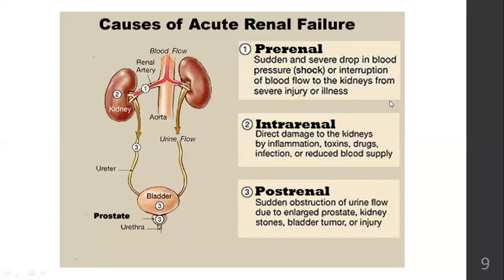Then we have post-renal causes. After the kidneys, what comes? It's the ureters, bladder, urethra. You can see here, ureters, coming out of both kidneys.